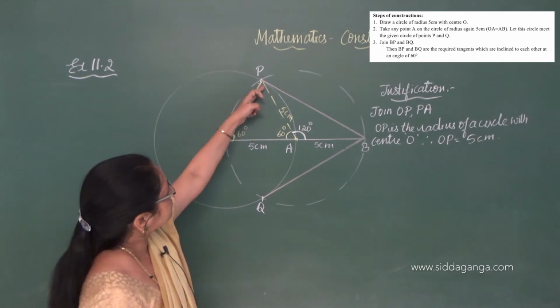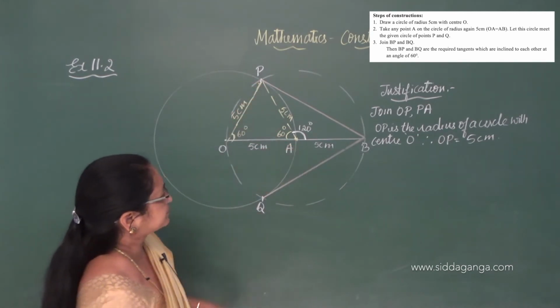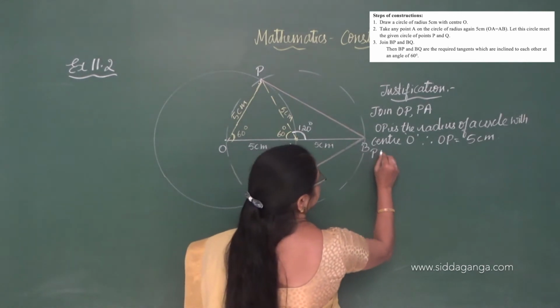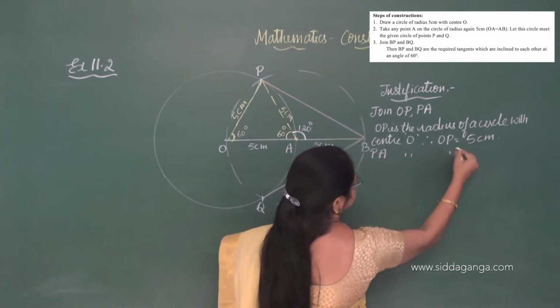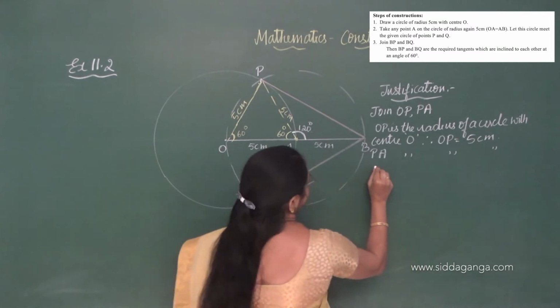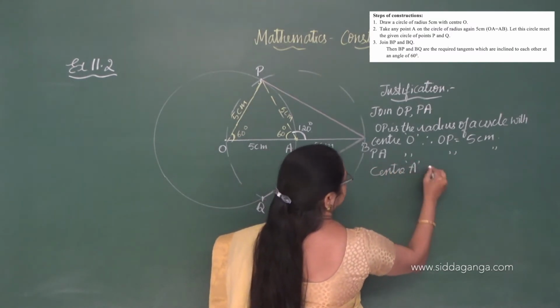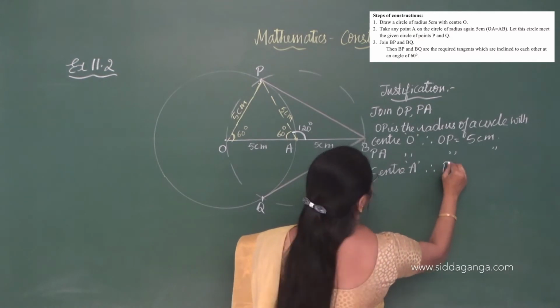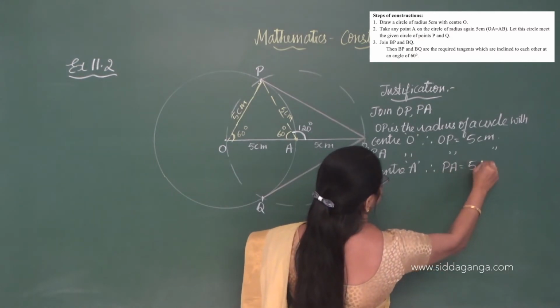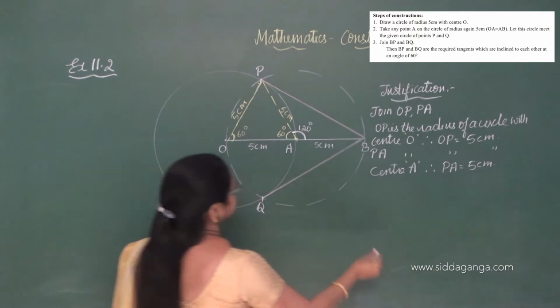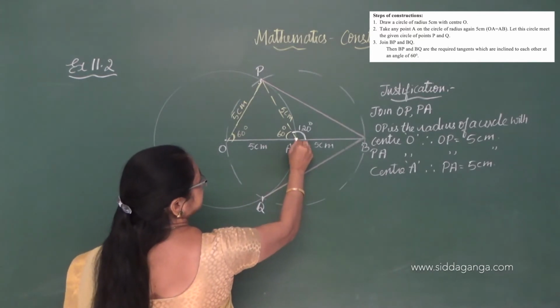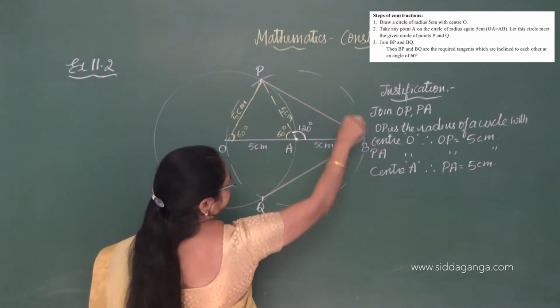Next, now this line, that is PA. Now PA is the radius of a circle with center A. Therefore, PA is equal to 5 centimeter. See, this is another circle with center A, another circle is there here, correct?